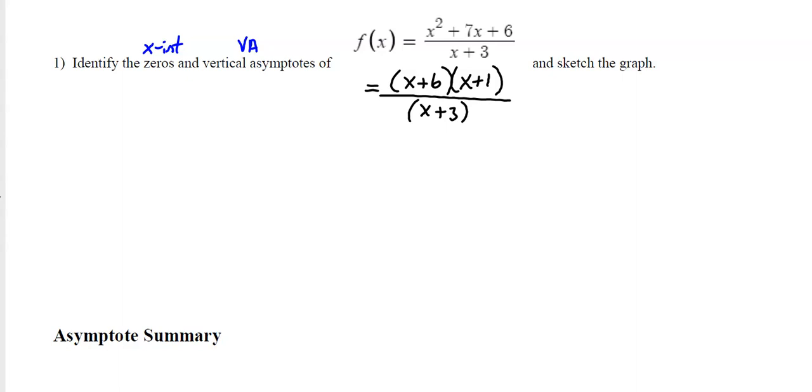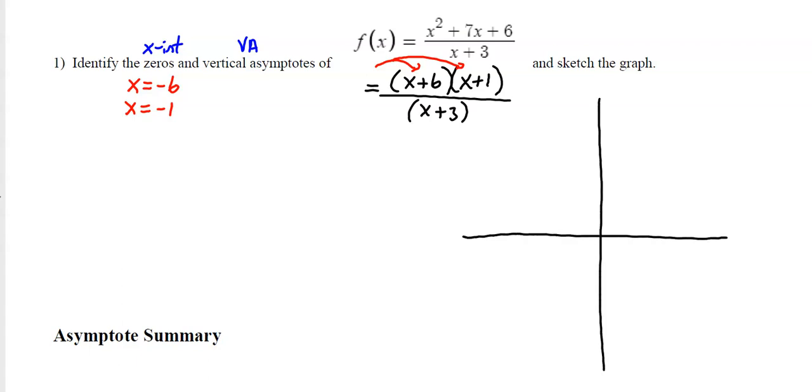All right, so that's what I have. Always factor it first. And I can now see where the zeros are. The zeros come from up here. So I'm going to have a 0 at x equals -6 and x equals -1. So go to my graph. 1, 2, 3, 4, 5. 1, 2, 3, 4, 5, 6.